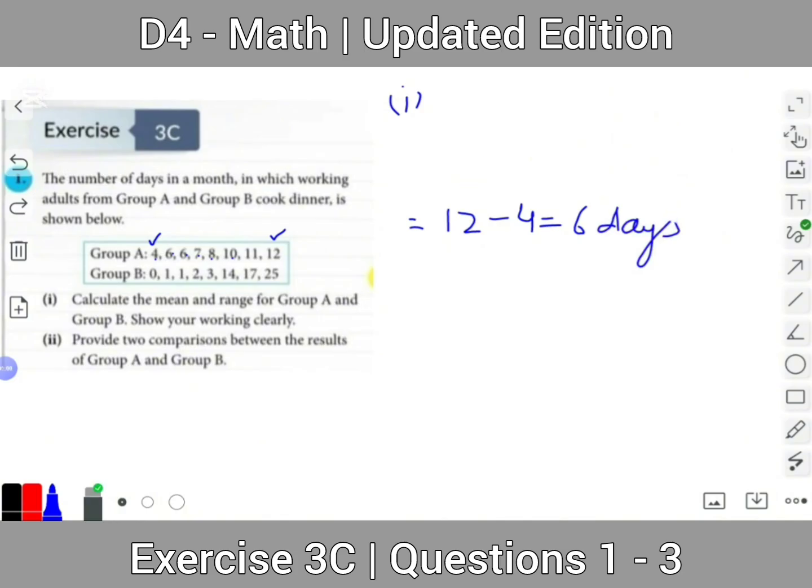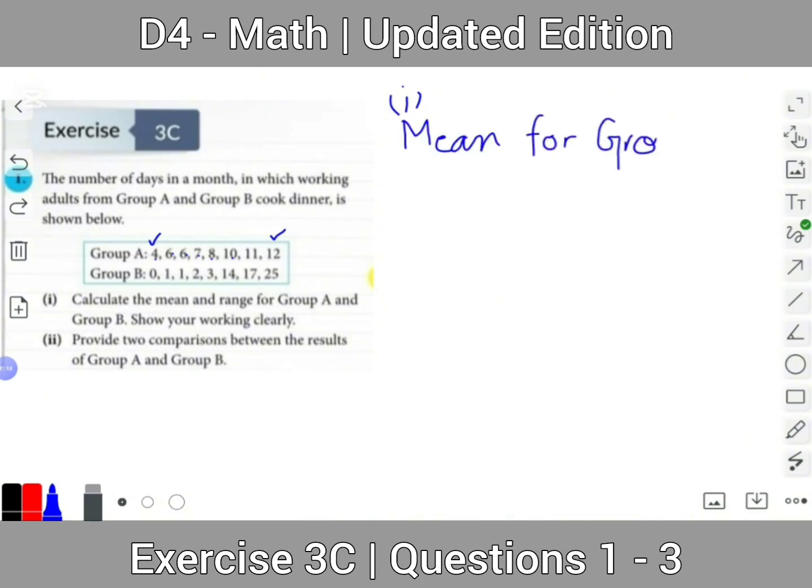Now we have to find out the mean for group B. In the same way, we will use the formula summation x over n, where x is the data values and n is the total frequency.